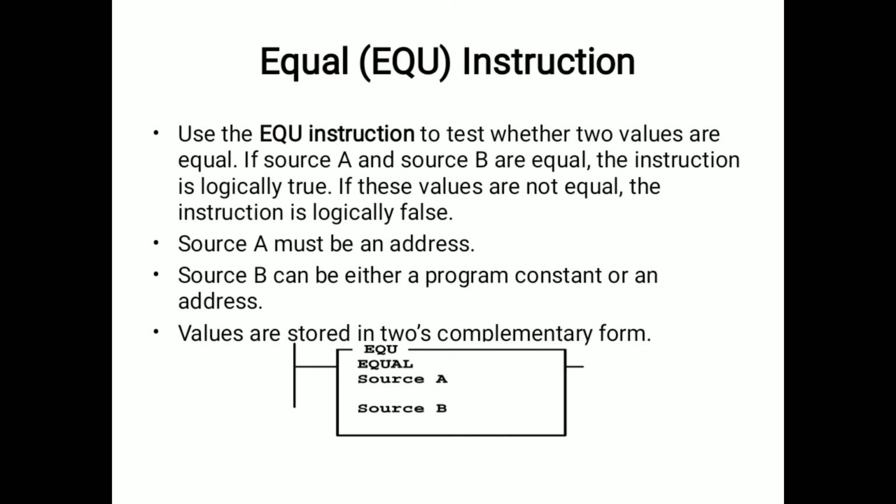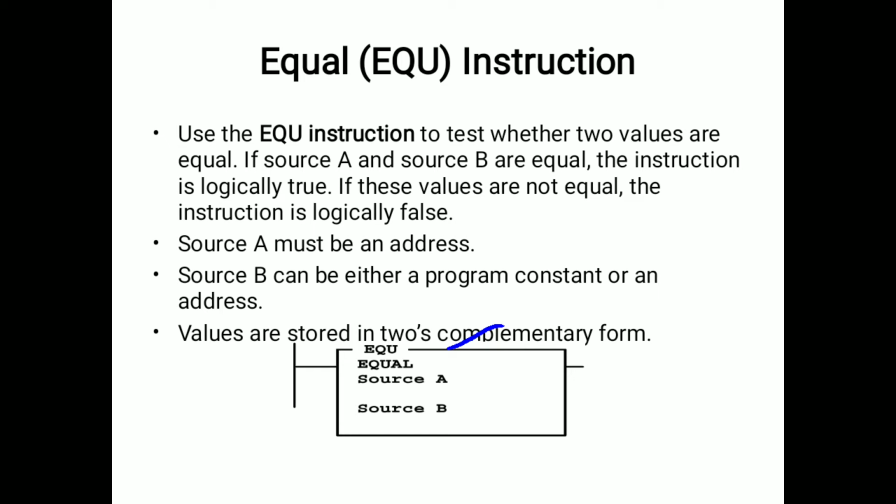This is how we represent the equal instruction in PLC programming. We write EQU, which means equal, to test two values. One value comes from the source A address, and the other value comes from the source B address. Then it compares them to see whether these values are equal or not.